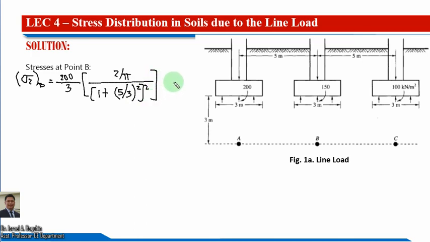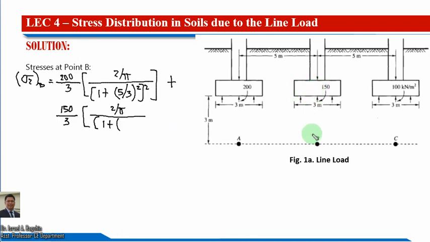Plus this second footing, we have 150 divided by 3, and then we have this 2 over pi, and then 1 plus our distance here.